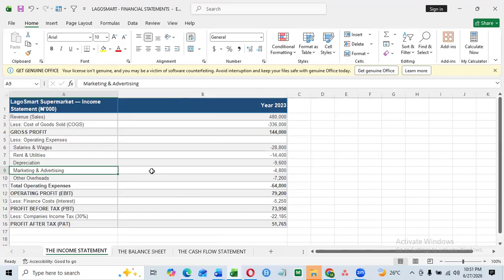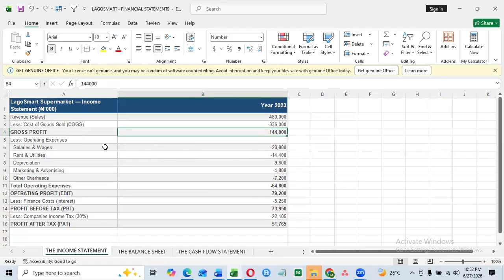Let us look at LagoSmart's income statement for the year ended 31st December 2023. The sales revenue is 480,000. Cost of goods sold was less, and it was 336,000. And that's how we arrive at a gross profit of 144,000.